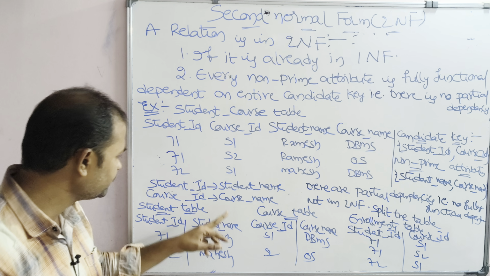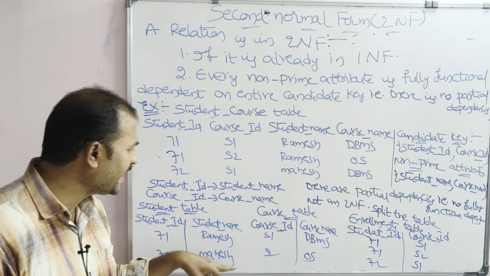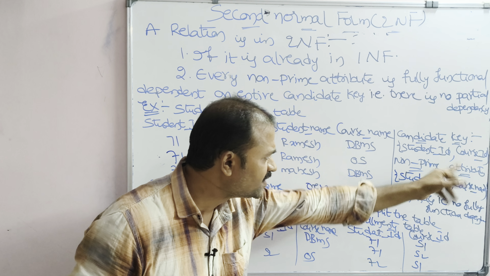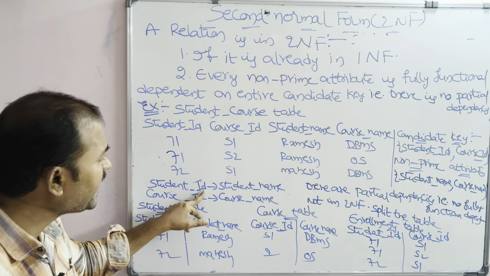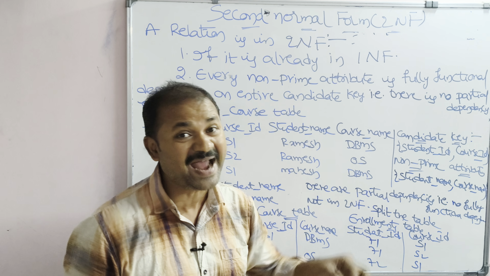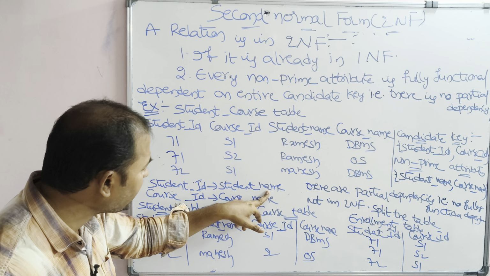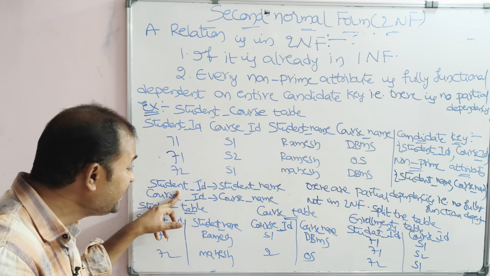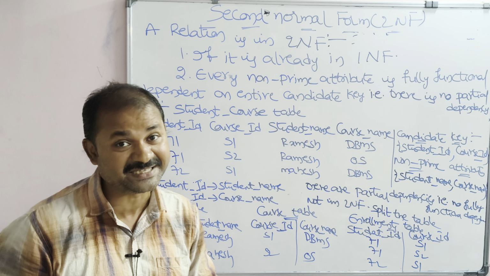So we can say that the student name depends on the student ID. What is student name? Student name is a non-prime attribute, whereas student ID is part of the candidate key. So the non-prime attribute is depending on part of the candidate key. So here we have partial dependency.